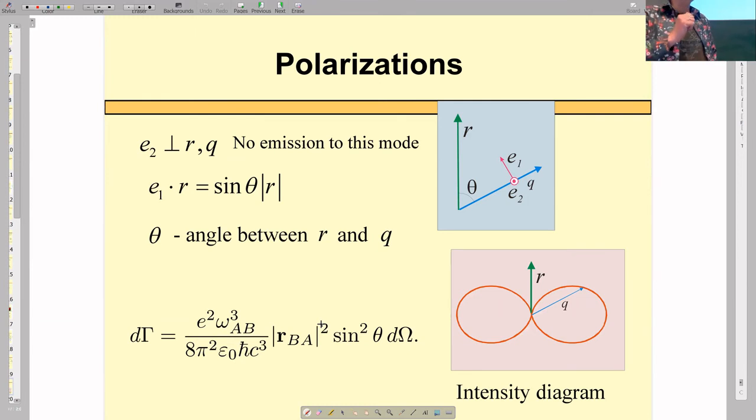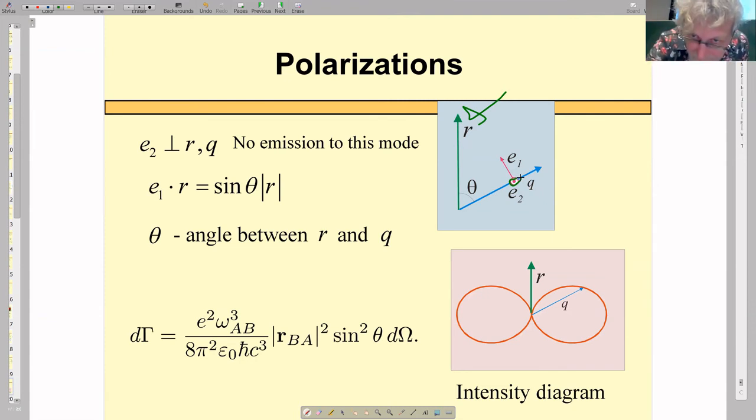We have two vectors. The vector coming from atom R. We have also the vector of photon propagation. And now we have some freedom in the choice of polarization. Let us choose two vectors of polarization in such a way that one is perpendicular to both R and Q vectors. Two vectors cross and polarization is in this way.